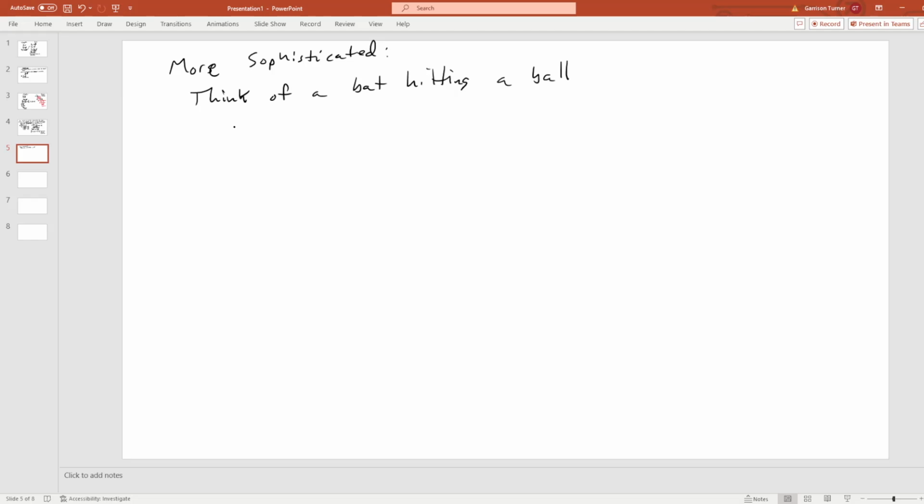So, in this case, the force will start at zero right at the time the ball is contacted, and it'll go back down to zero at the point that the ball releases from the bat. But in between, it'll reach a peak.